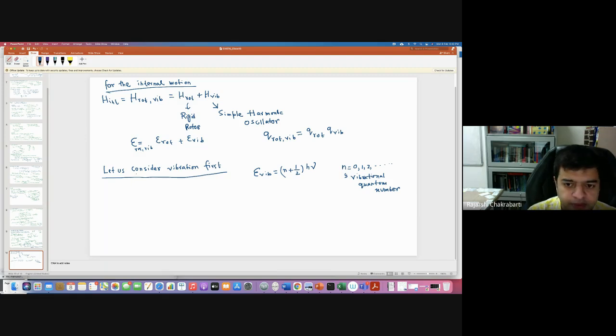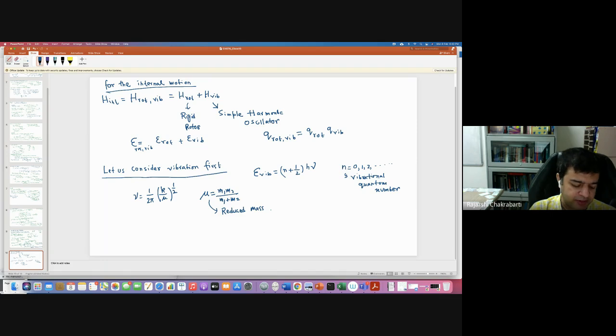And also, you know that the frequency nu is 1 by 2 pi, k by mu whole to the power of half. Right. Mu is your reduced mass. You know this I think.